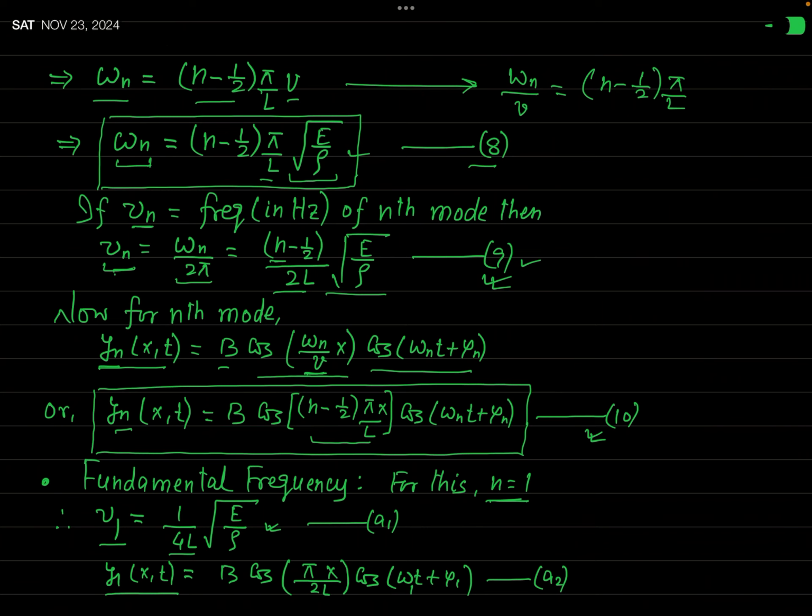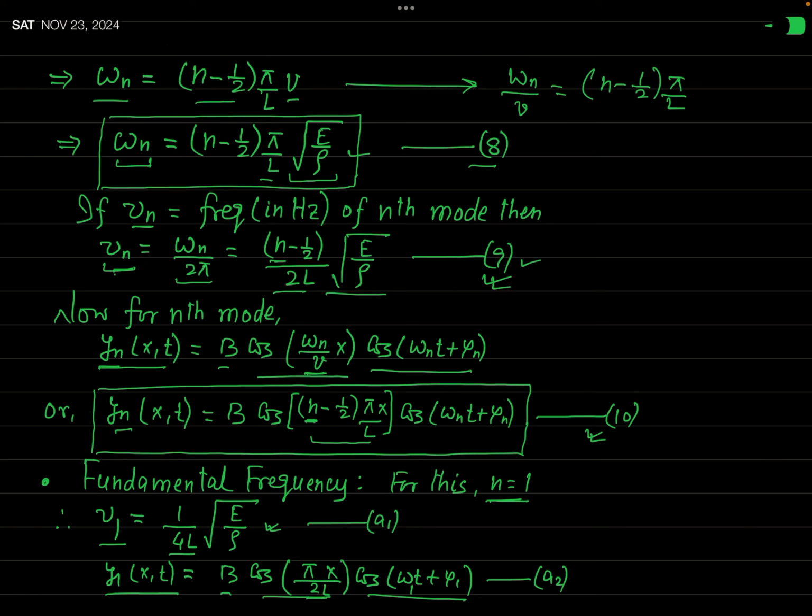Okay. And that will be equal to b times cosine of pi x over 2L, because here we will take n equal to 1 and 1 minus 1 over 2, that will be 1 over 2. So this is pi x over 2L. Okay. Times this much. Cosine of omega 1t plus phi 1.